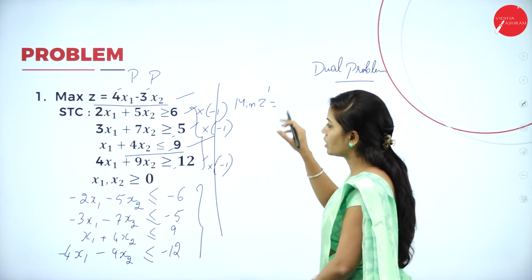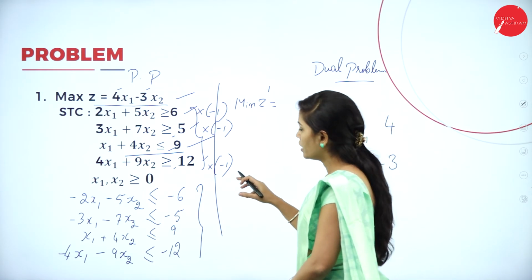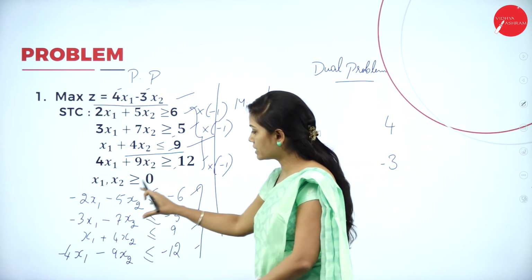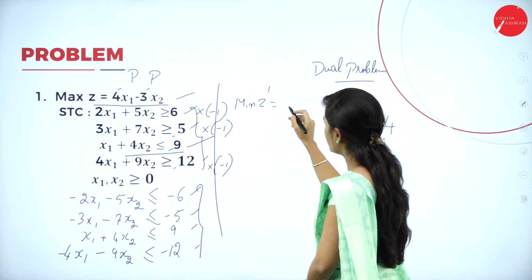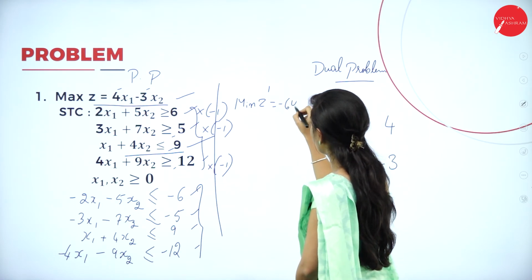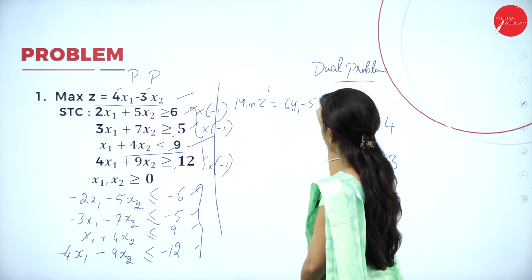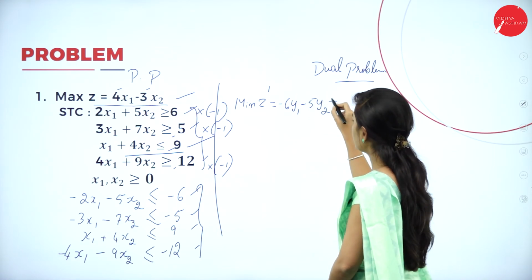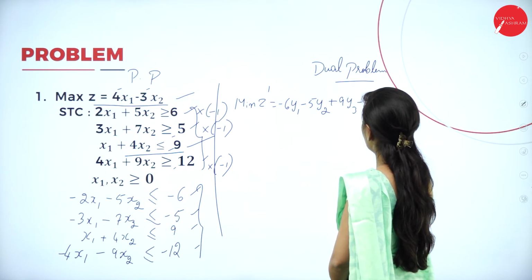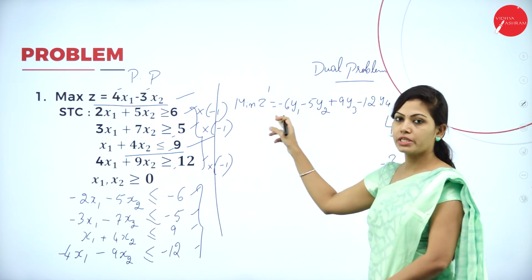So now what are the objective functions here? This is my final constraints value. You just consider this constraint. So the first objective function is minus 6y1 minus 5y2 plus 9y3 and minus 12y4. So this is my objective function.